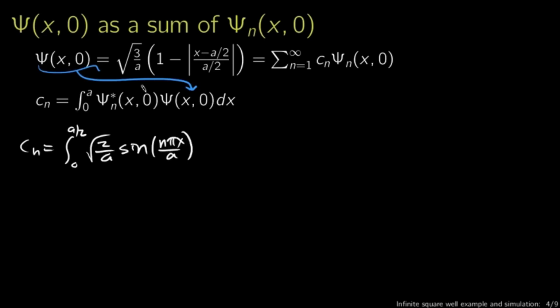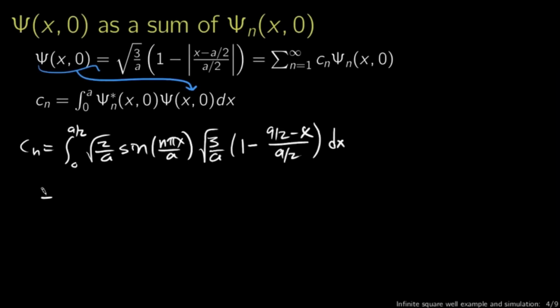I'm ignoring time for now, so even if I had my time parts in there, I would be evaluating e to the 0, where time is 0. So I would get 1 from those parts. Then you have psi, our initial conditions, and our initial conditions for the first half of our interval was root 3 over a, 1 minus a over 2 minus x over a over 2. And I'm integrating that dx.